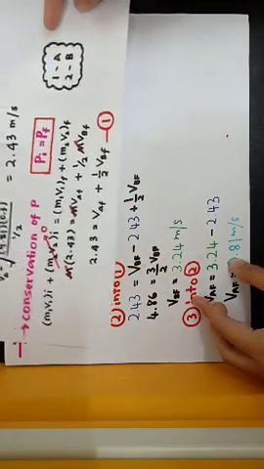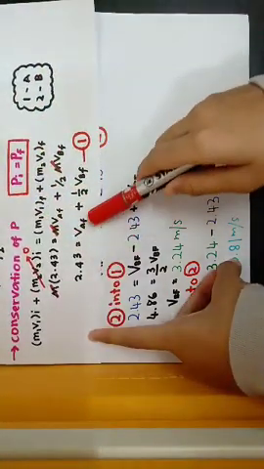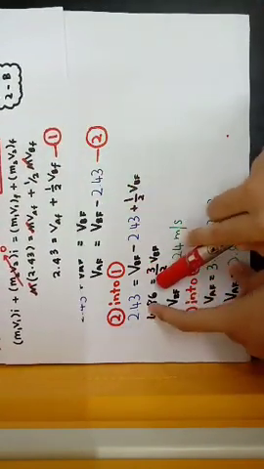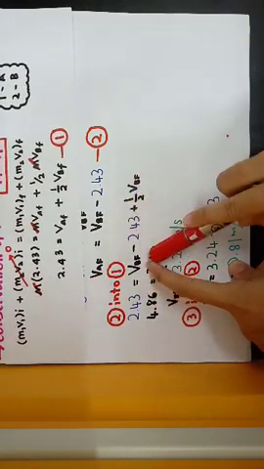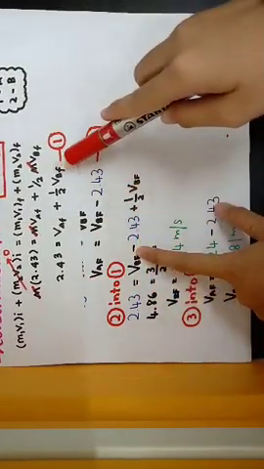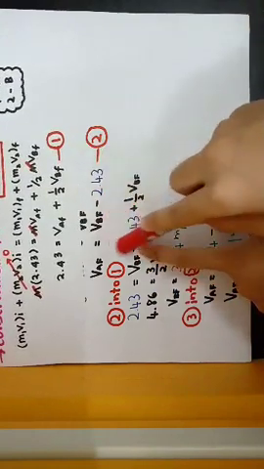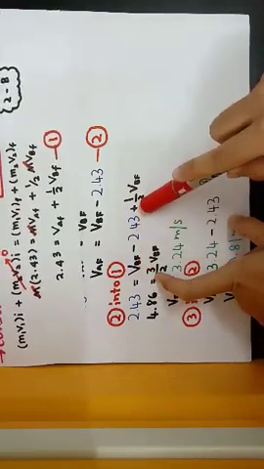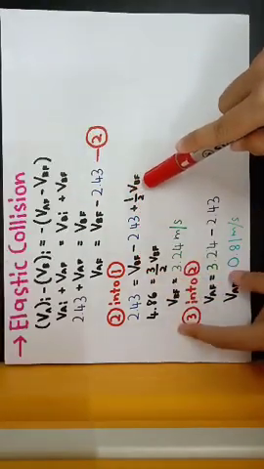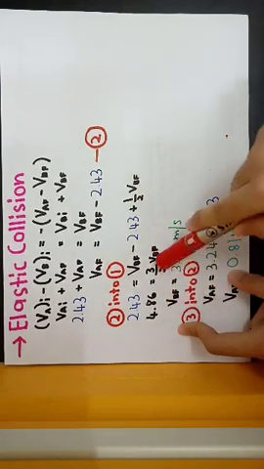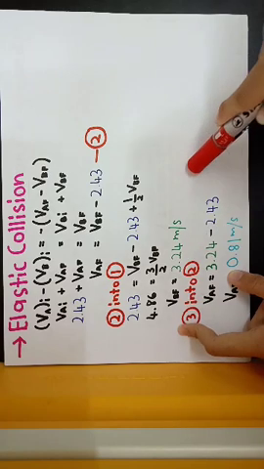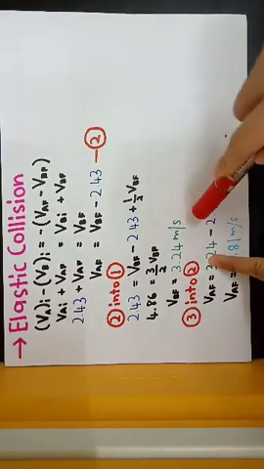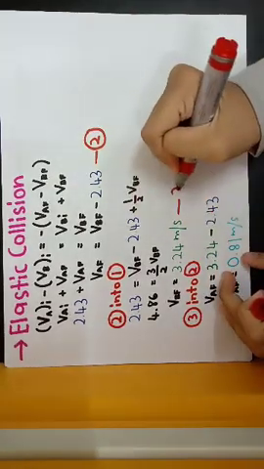So the first equation just now is 2.43 equal to V final A plus 1/2 V final B. So we just substitute 2.43 here, V final B here, and minus with this V final A, we change it into V final B minus 2.43 here, and we plus with 1/2 V final B, and then we have 4.86 equal to 3/2 V final B, and then we have the V final B is equal to 3.24 meter per second. And this is only the third equation. We already have the third equation.